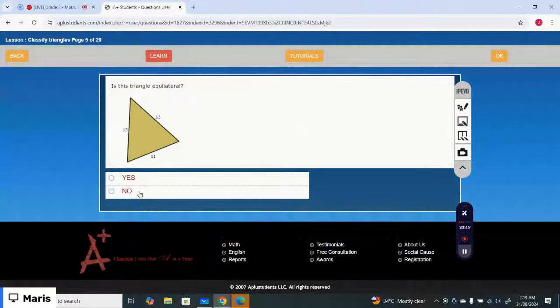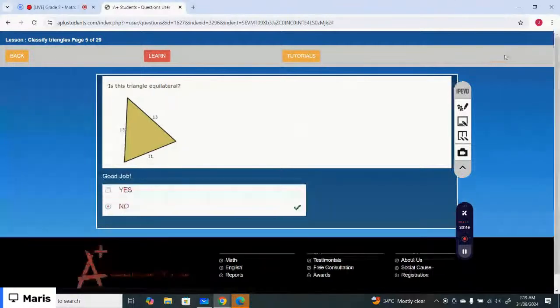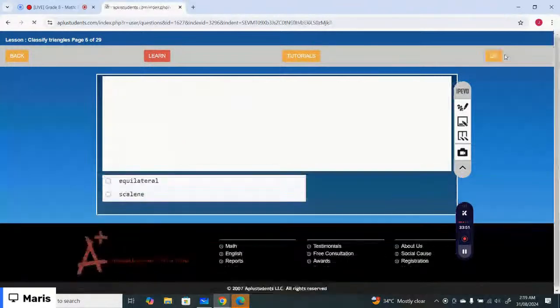This is not the equilateral triangle. The correct option is no. Okay, the next one is what kind of triangle is this? Which is the correct option?